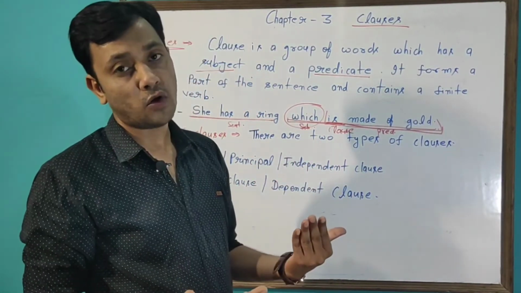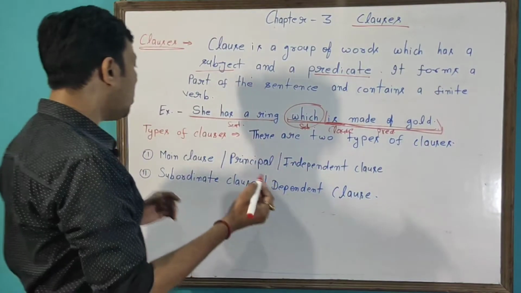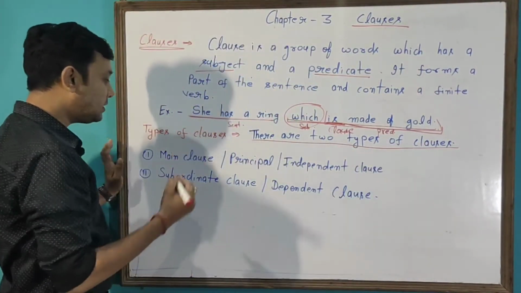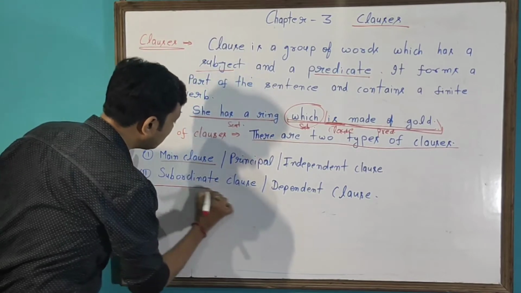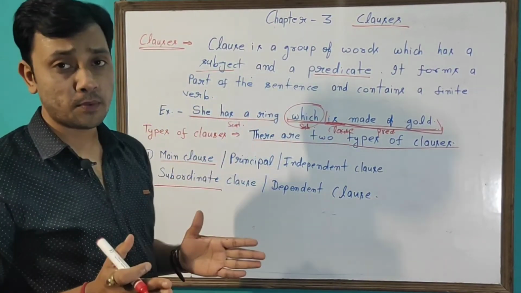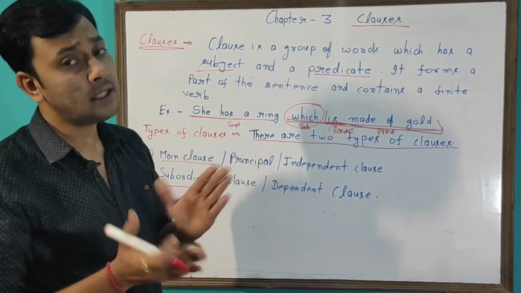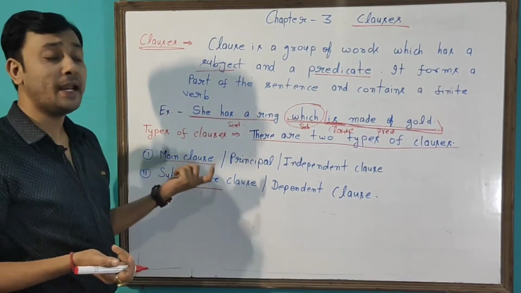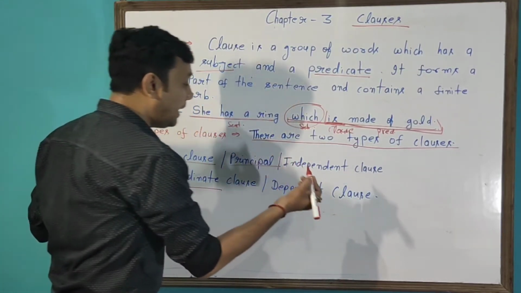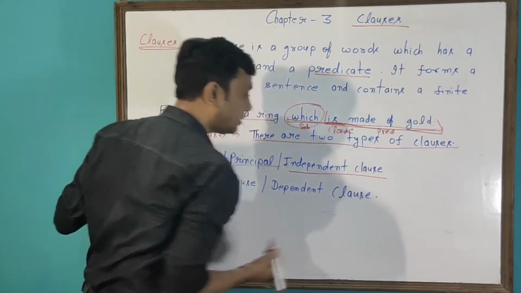Now, types of clauses. How many types of clauses are there? There are two types of clauses: first, main clause; second, subordinate clause. The main clause is also known as a principal clause and as an independent clause.